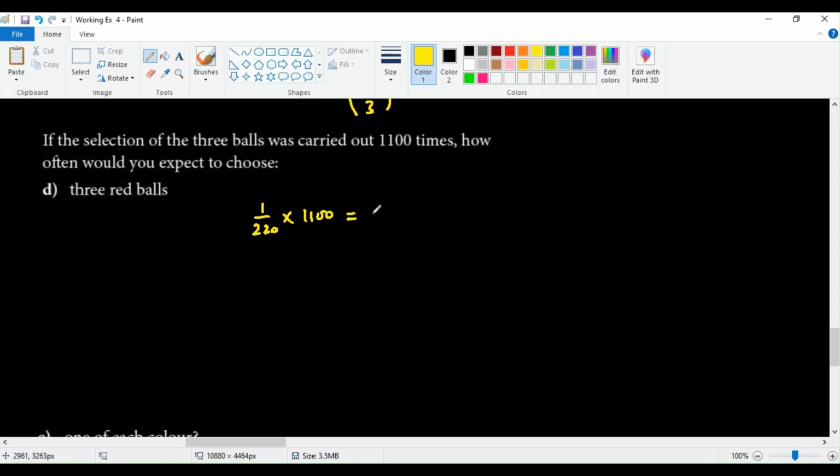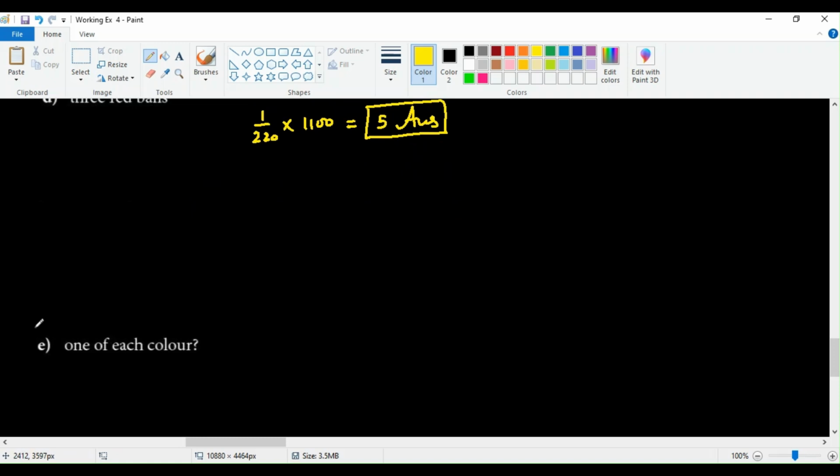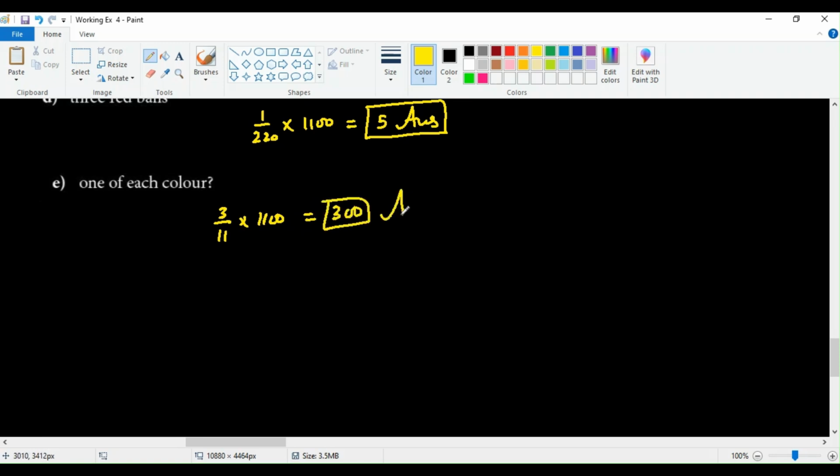So this is going to give us 5 as the answer for this part of the question. When it comes to one of each color, we know very well it is 3 over 11 multiplied by 1100. So this is going to give us 300 as the answer for this part of the question.